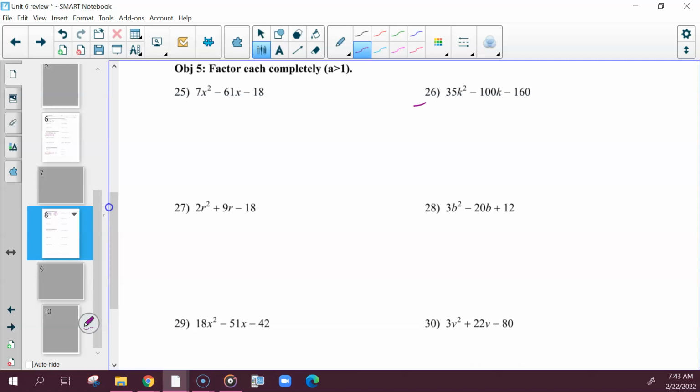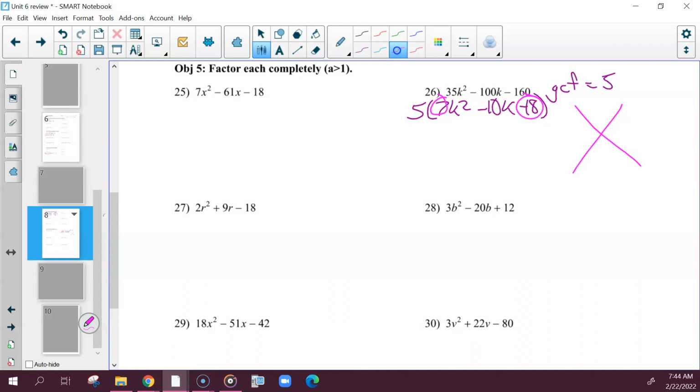Someone do that, tell me what that would be. So it would be what? 7k squared minus 10k minus 8. Okay. From there, we're now looking for 2 numbers that multiply to 7 and negative 18. Someone do that for me.